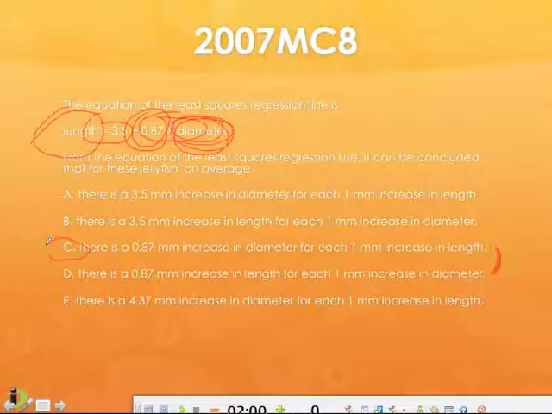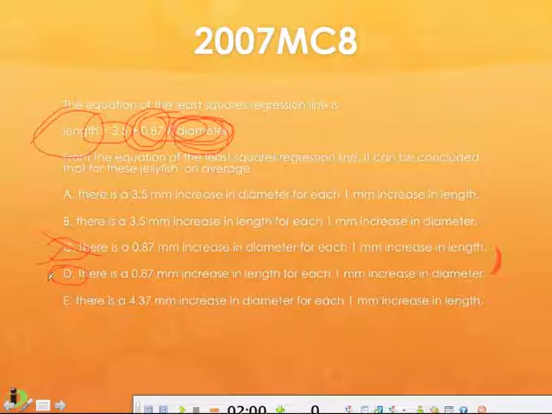There is a 0.87 millimetre increase in diameter. That's not what's happening, is it? It's happening to the length, because if we ignore the 3.5, length is 0.87 by diameter. So for every increase in diameter, we're adding to length. So it's not C. It's D, isn't it? It is D. I've obviously put the wrong answer in.